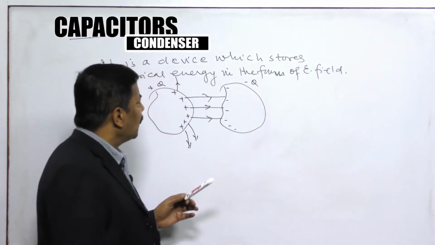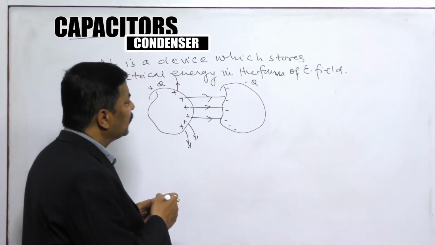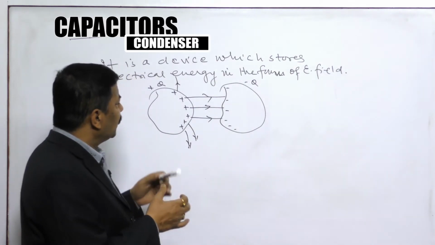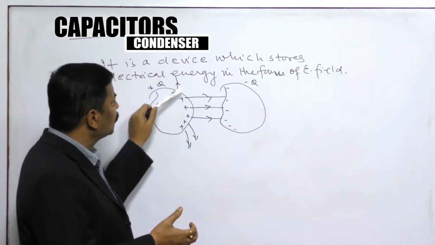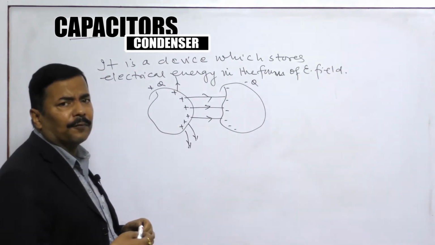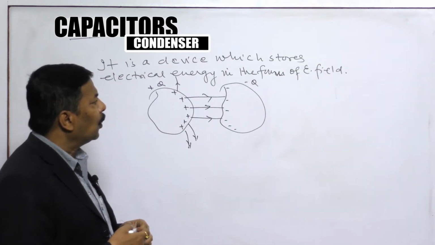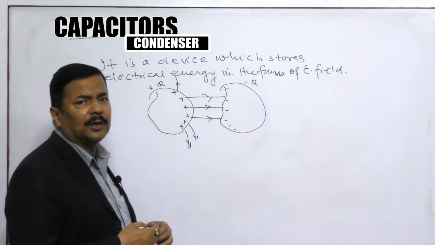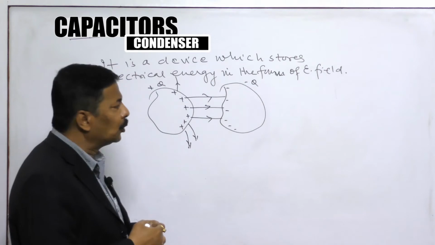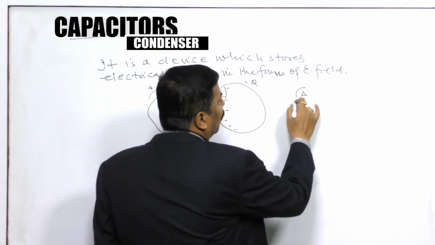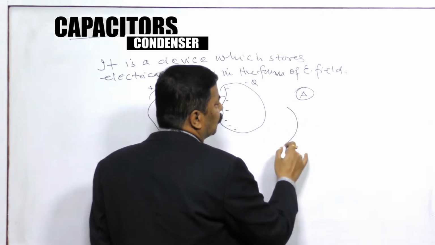So in a capacitor there is a potential difference, so conductors are there. Now here you see that some electric lines of force are wasted. So what I mean to say is, for a better arrangement of a capacitor, I am giving you two arrangements. One arrangement A, an arrangement of two conductors, I am giving you in this way.